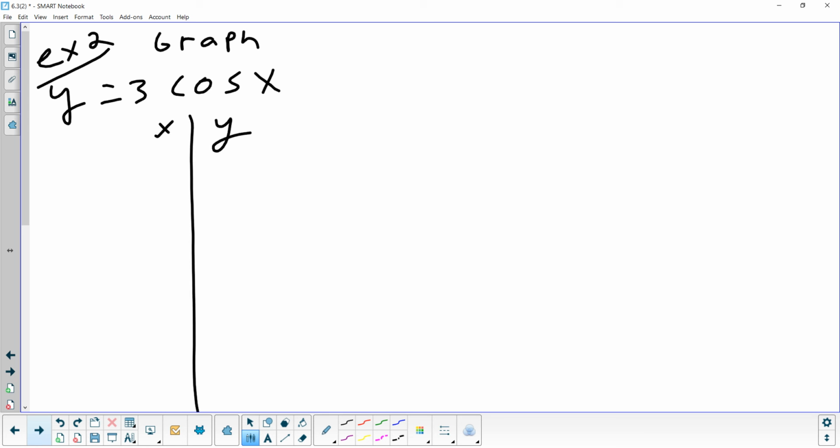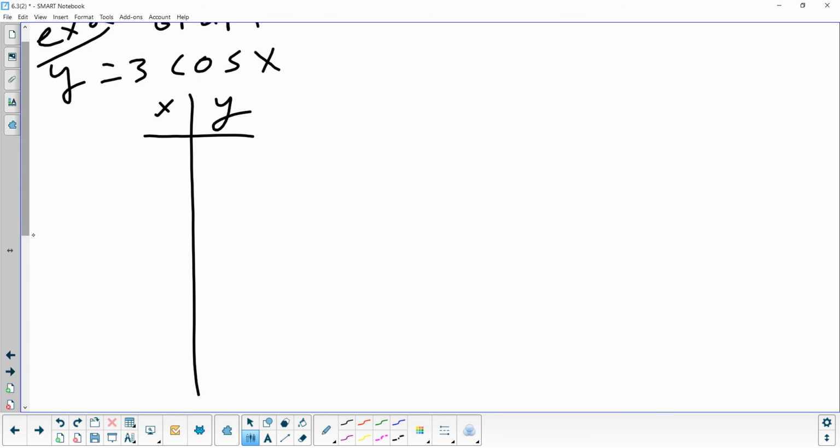Okay, so Abigail, when we do a vertical stretch, what column stays the same? And can you remind me what my original x values are for cosine? Okay, what's the first one? Oh, 0, right? Yep, pi over 2, pi, 3 pi over 2, 2 pi.